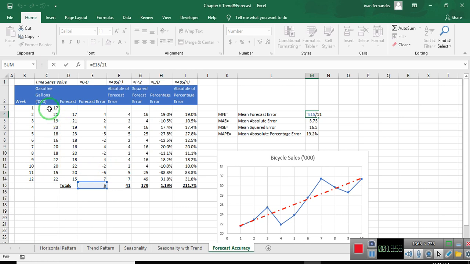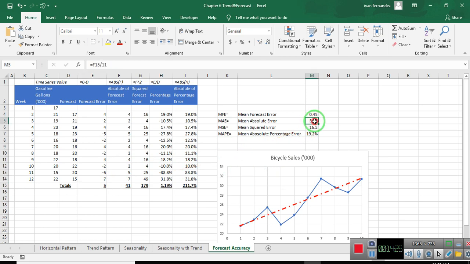If you look at your problem, the textbook will talk about it, is your K. Just reminding you that the number of observations and the number of forecasts are not the same. There's always going to be one less than the number of observations. So it's not 12, it's 11. So I take the forecast error and divide it by 11. Now I have the mean of the forecast error.